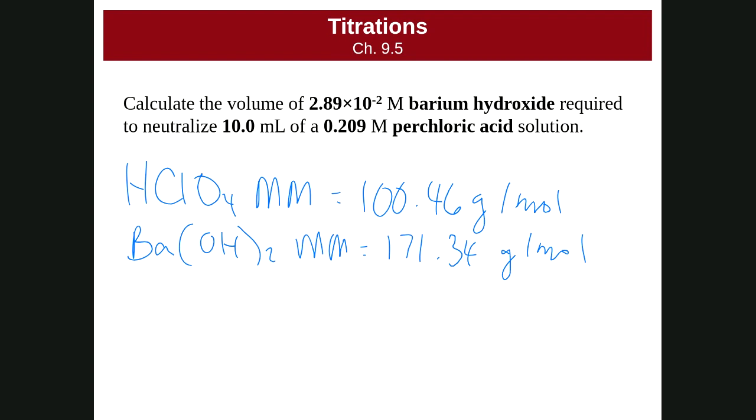So if we have a, no, we might not have needed that at all. So if we have a 10 mL perchloric acid solution, I'm going to convert it to liters.